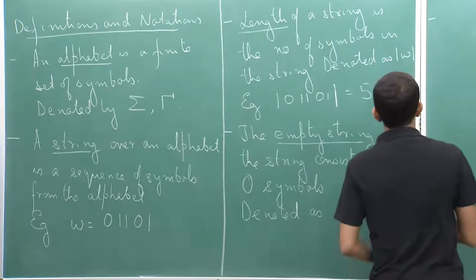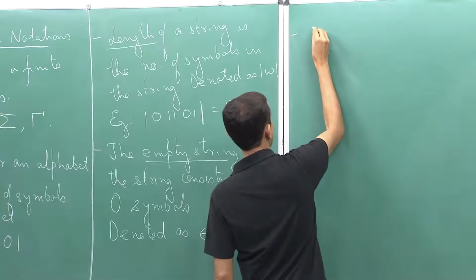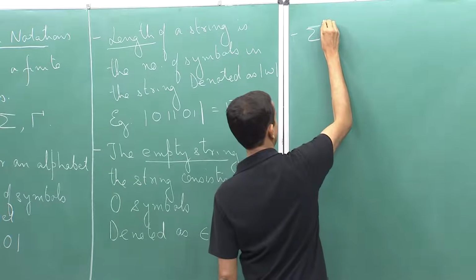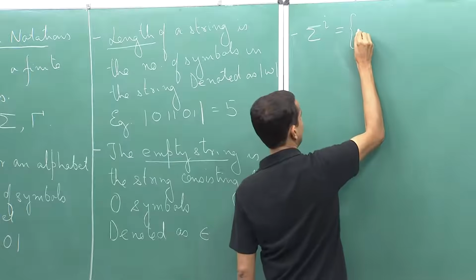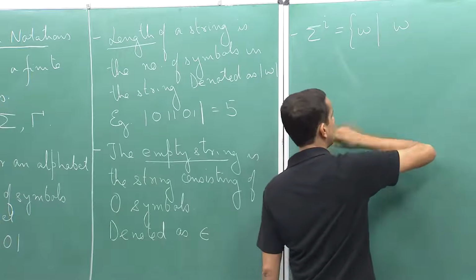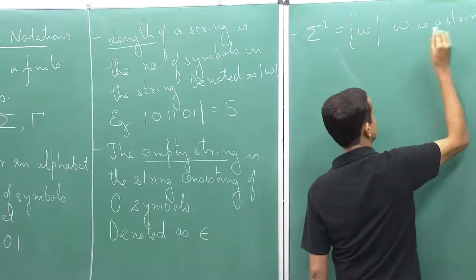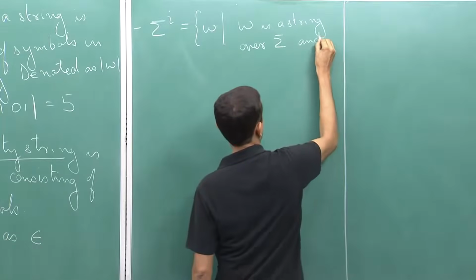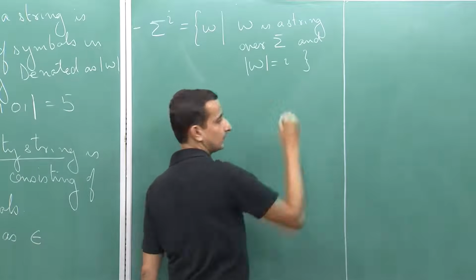So now given an alphabet sigma, we define the set sigma to the power I as the set of all strings W such that W is a string over sigma and the length of W is equal to I. Okay.